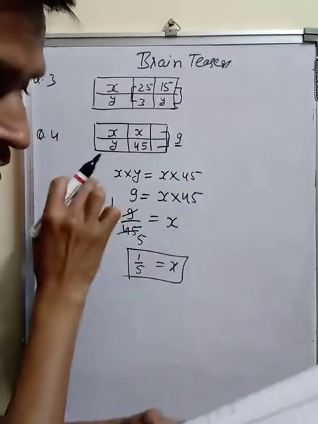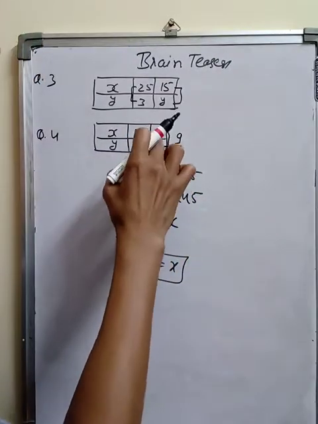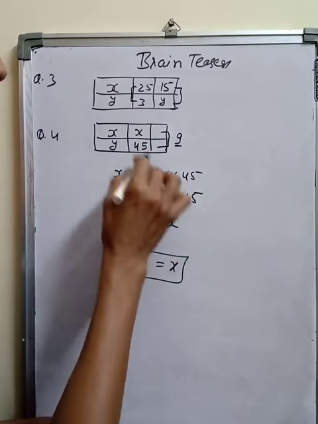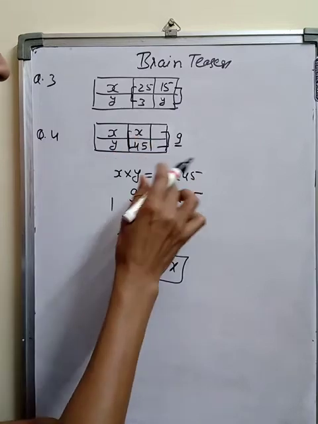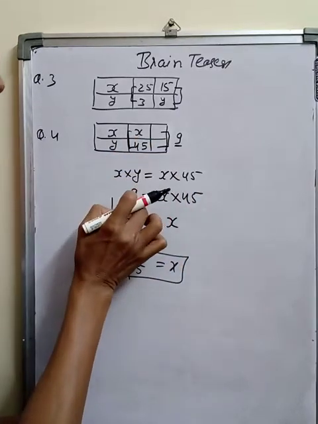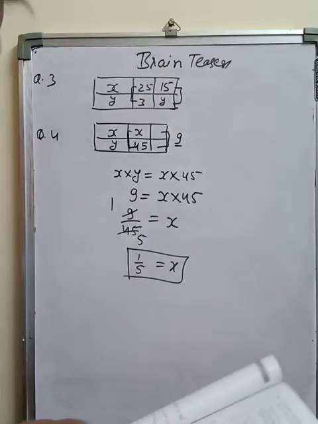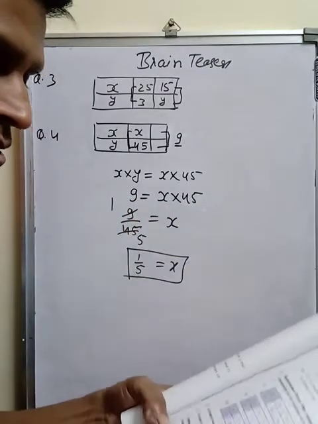But here it is inverse variation, that is why the product of these two will be 9. So x into y multiplied is equal to this x into 45. This product is 9, given. So we can solve this question this way. This is the only difference, rest all questions are the same.